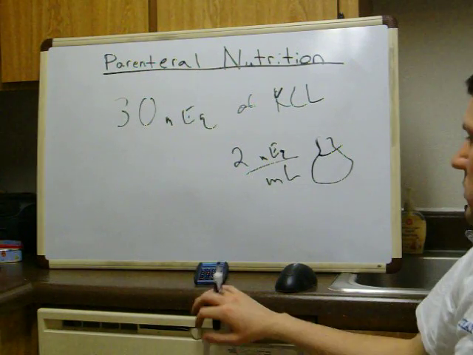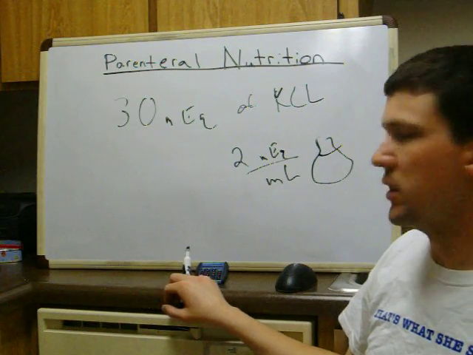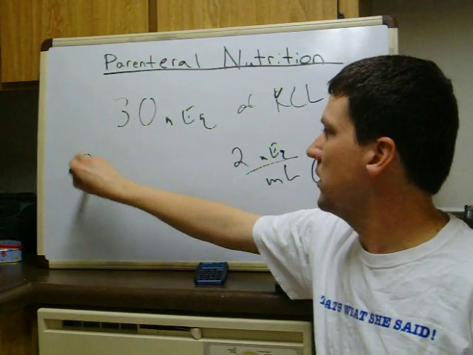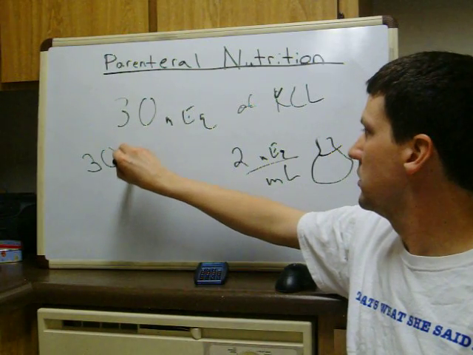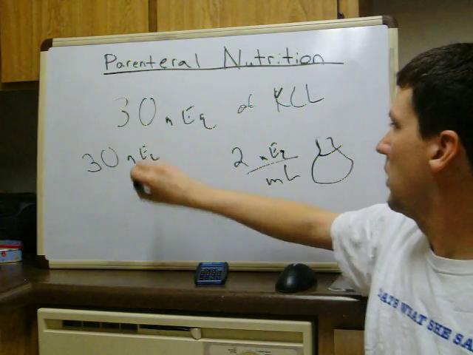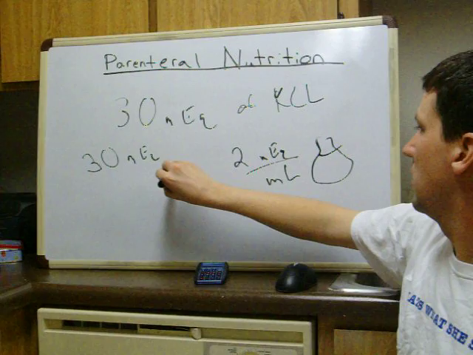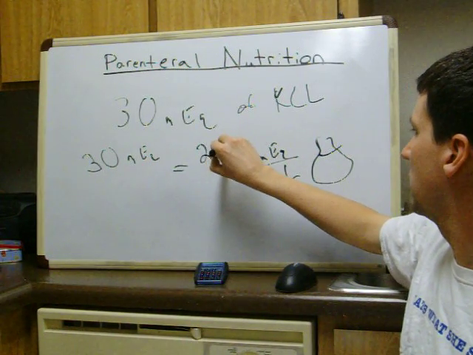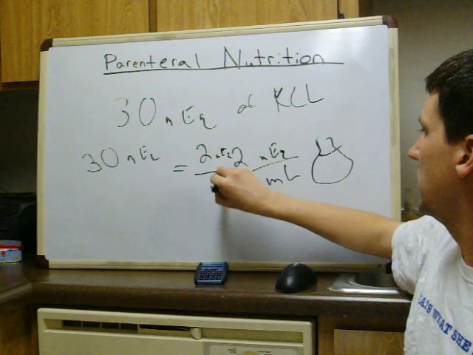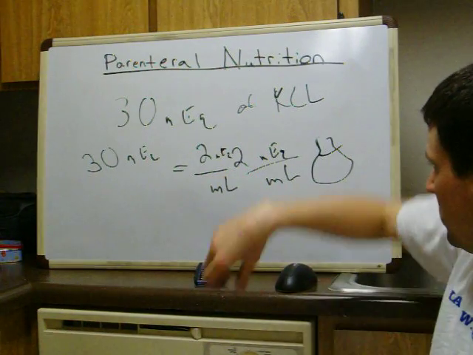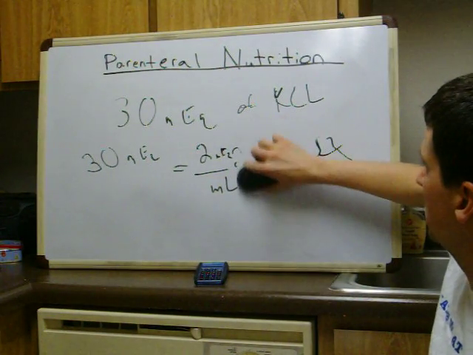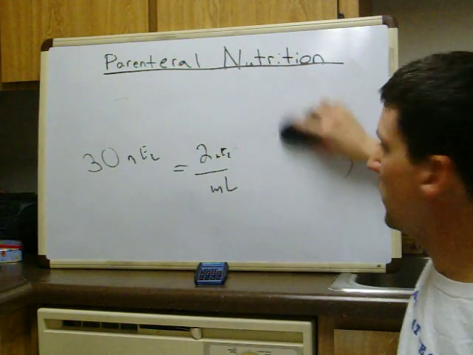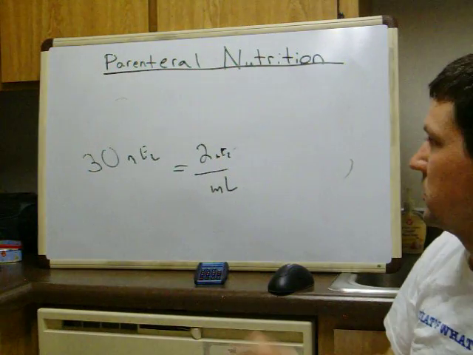Alright, so the easiest way to do this, I think, is just to do a proportion. So we know that they want to receive 30 milliequivalents, and what we have available is 2 milliequivalents per milliliter. I'm going to erase some of this. And we want to know how many milliliters we need to give.